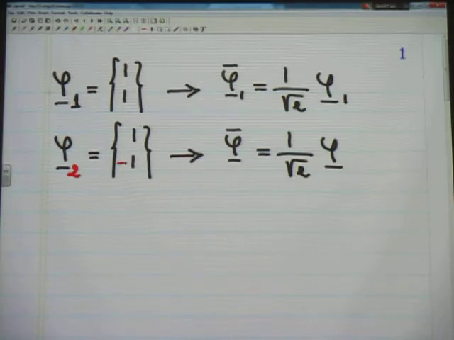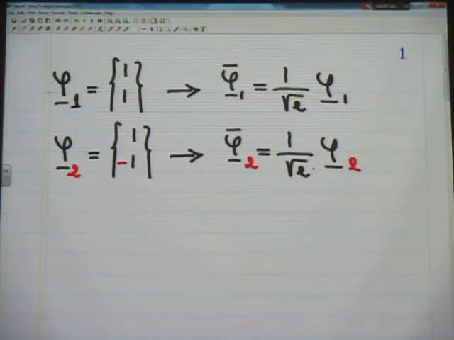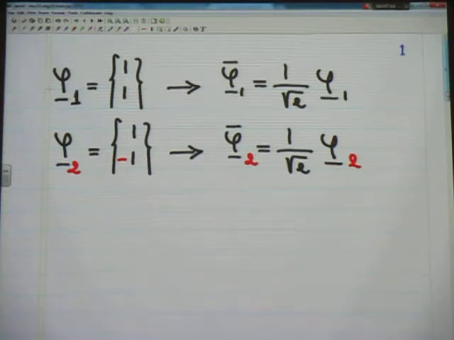There's a minus here, so the length is also square root of 2. So now you can define phi bar 1 and phi bar 2. The next question is whether phi bar 1 and phi bar 2 remain to be eigenvectors.